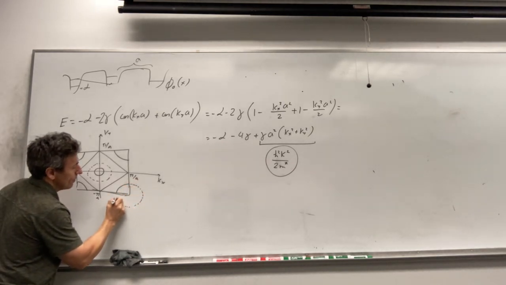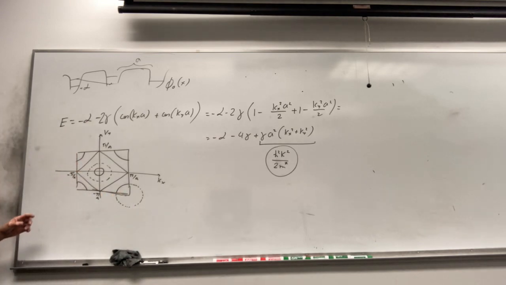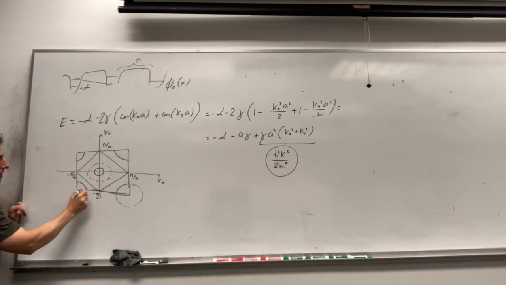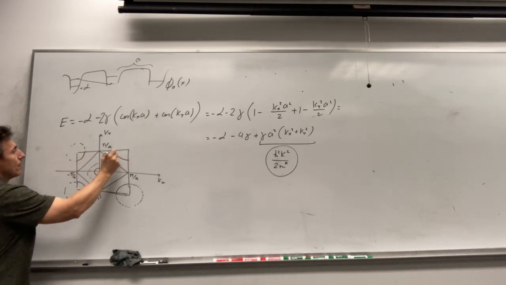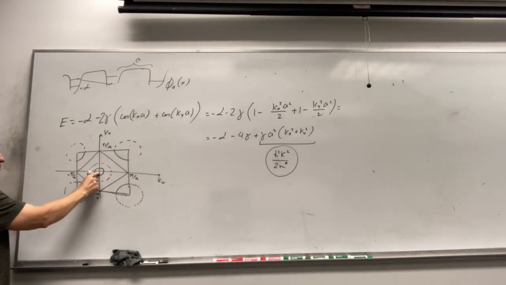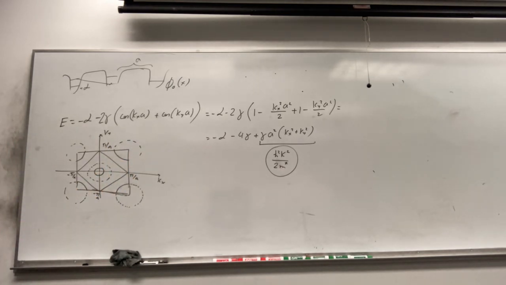Again, it will be a circle, but close to the edge of this Brillouin zone. If you continue periodically, again it will be a circle. It will be similar to this one, but in this region the effective mass will be negative.